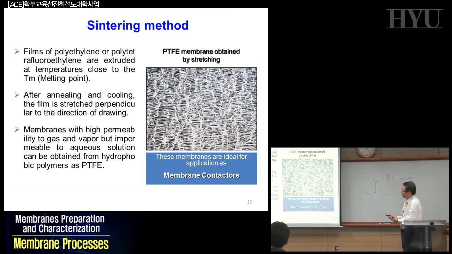Because this is very hydrophobic, you can use this PTFE membrane for membrane contactors, as Professor Drioli has mentioned already, I guess, and it could be utilized for membrane distillation, to separate something, and so on.